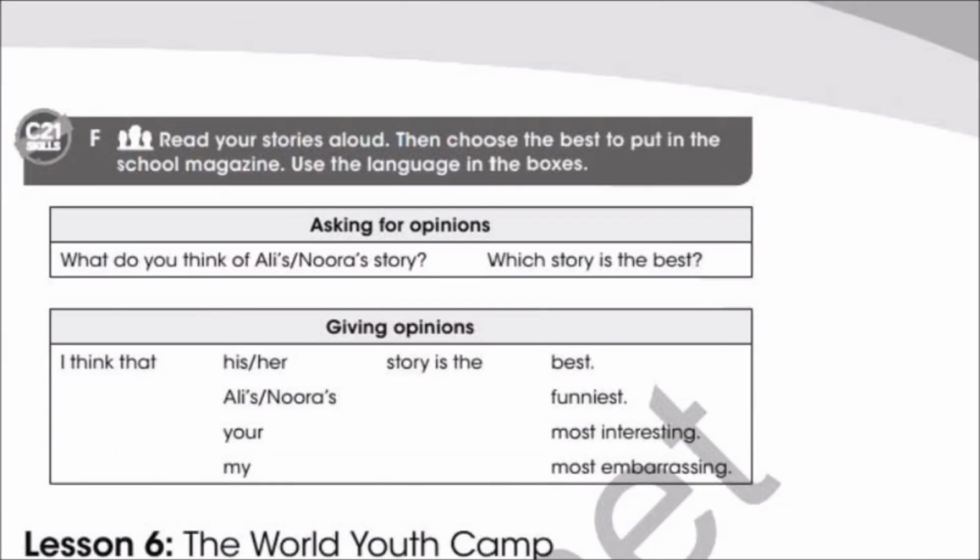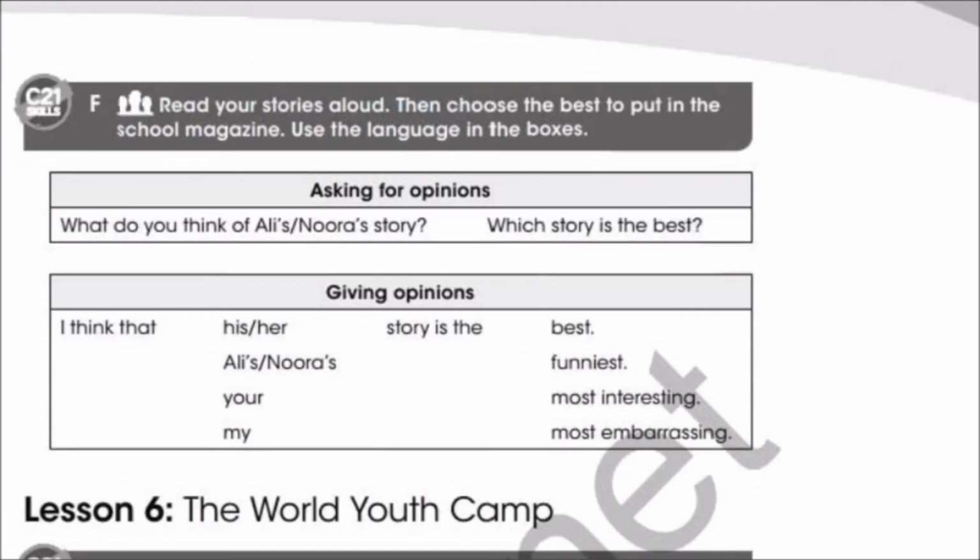Let's move on to question F. Read your stories aloud, then choose the best to put in the school magazine. Use the language in the boxes. Asking for opinions. What do you think of Ali's, Nora's story? Which story is the best?